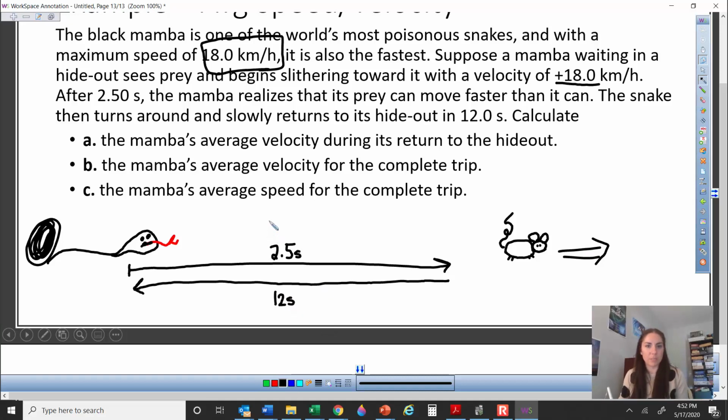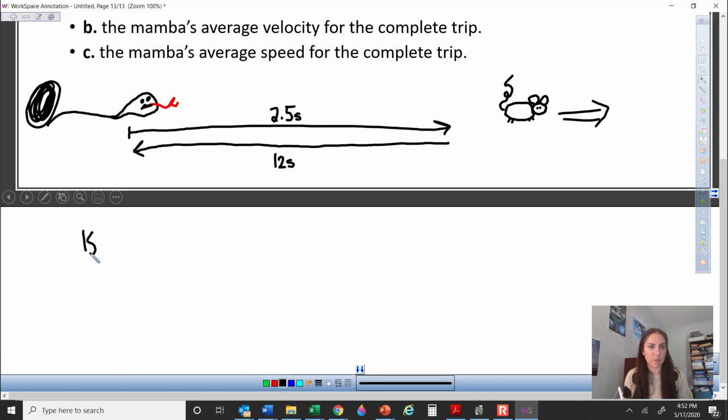We know that this thing is moving at 18 kilometers per hour, which I have to convert. It's annoying. Okay. So why don't I go do that really quick? So 18 kilometers per hour. In 1 kilometer, there are 1,000 meters.